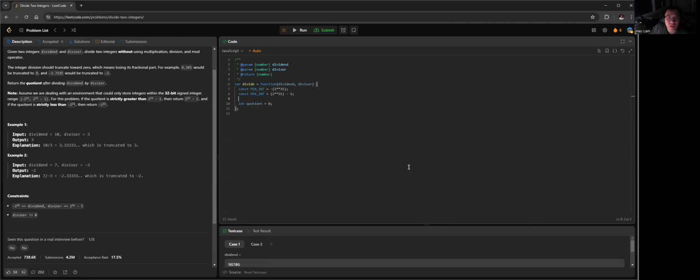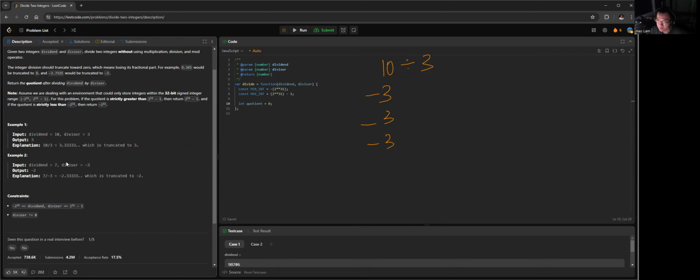Okay, and then what else? So how can we divide? The naive approach is, for example, if you have 10 divided by 3, we can subtract 3 from 10, subtract 3 again, until we have a negative number, or until the dividend is smaller than the divisor.